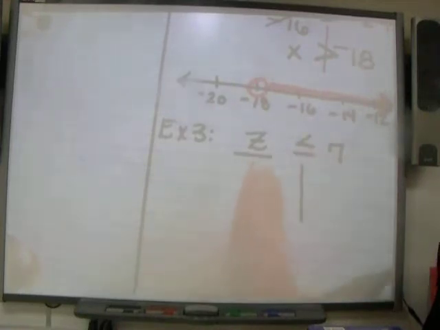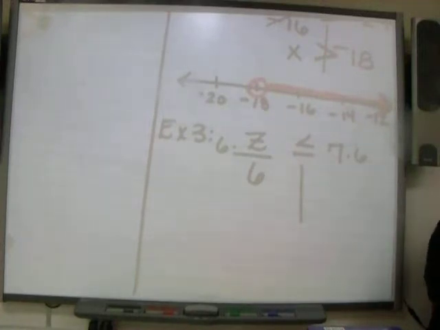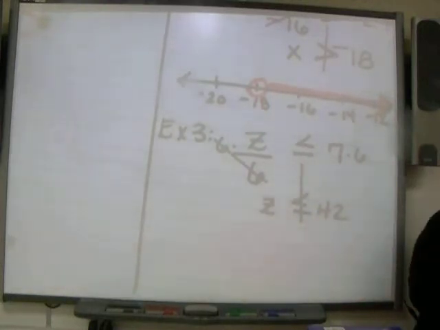It's been divided by 6. The opposite of divide? Multiply. We're going to multiply both sides by 6. This reduces down to 1Z. I drop my less than or equal to sign, and 7 times 6 is 42. And because the signs were the same, it's a positive 42.